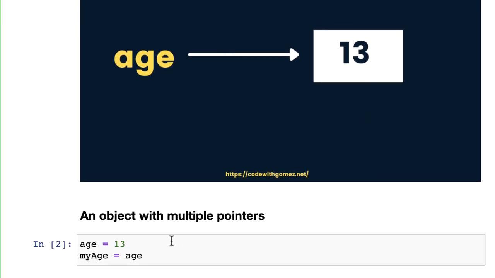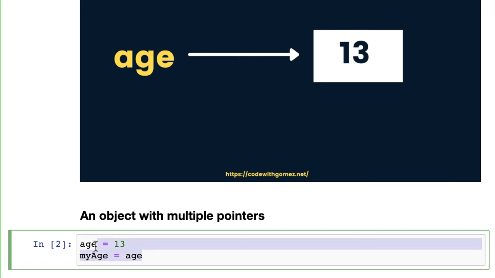So here I have a variable age with the value 13, and I have another variable, my age, with the value of age. With what I said, that every time you create a variable, an object is created in memory, you might think that in this scenario we have created 2 objects in memory. But Python doesn't do that.